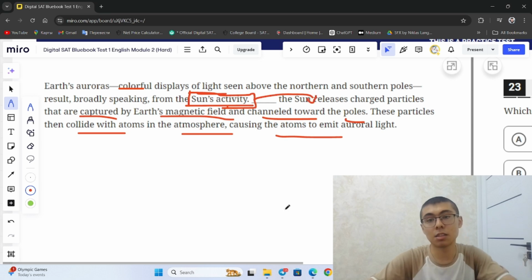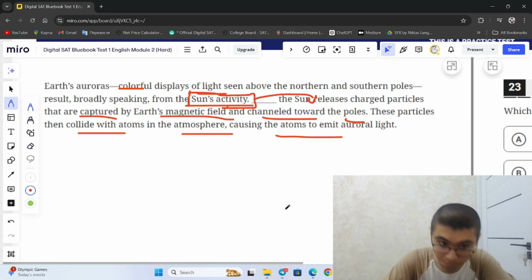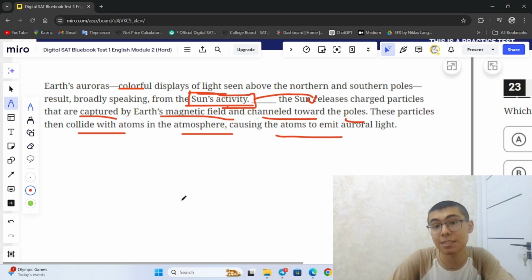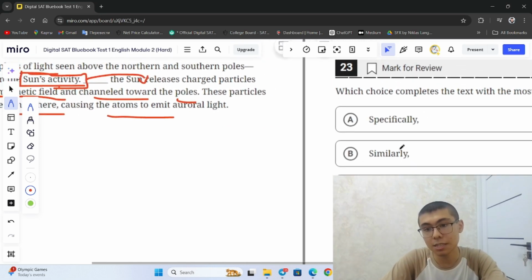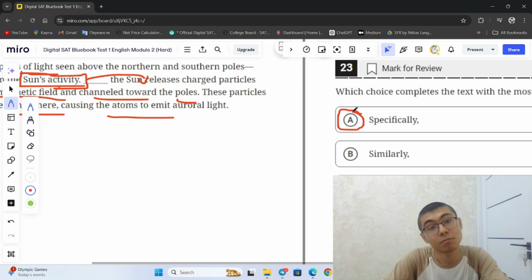Like these two sentences following the first sentence are explaining the sun's activity. So to explain anything, we need to give examples, exemplifying. To give an example, we need for example or for instance or specifically. So I'm searching for these three. Specifically, yes, as I said, specifically is used to exemplify.